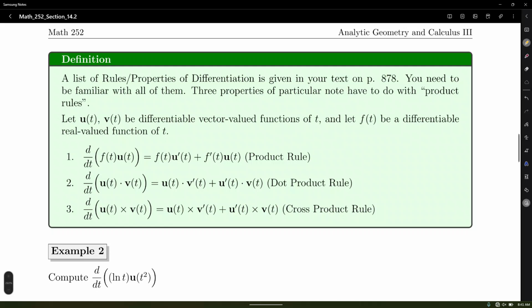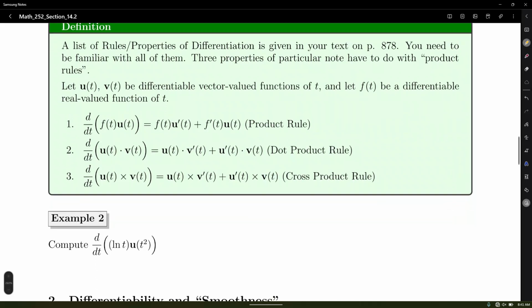However, we may get to see 3 different product rules. Because we may get number 1, the product between a scalar function and a vector valued function. So the product rule works the same. In general, when you have (fg)', that means f' g plus g' f.